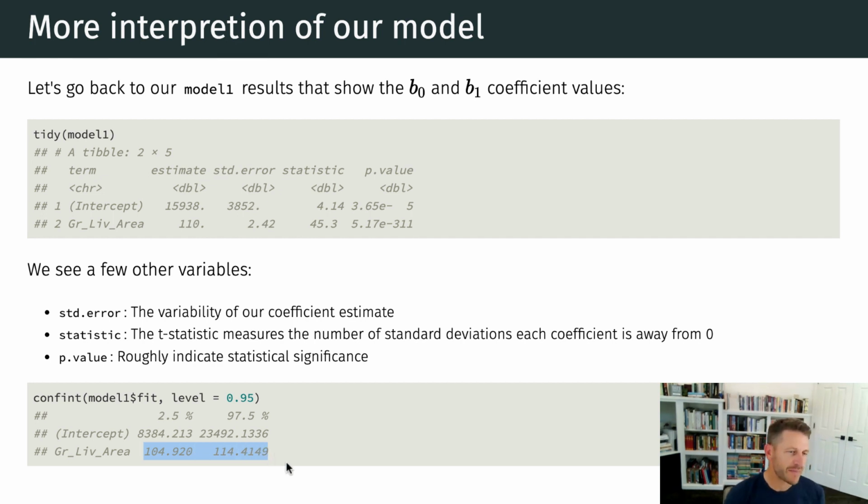And when that happens, then we can say that no, in fact, we cannot be very confident that that coefficient is statistically different than 0, which just means we don't have strong confidence that there's any type of relationship between that predictor variable and the response variable.